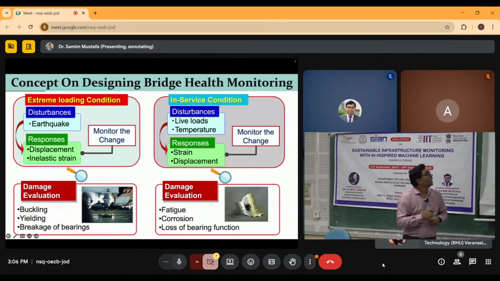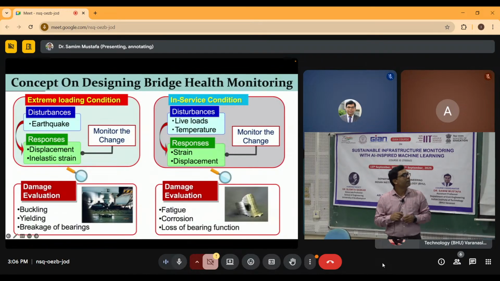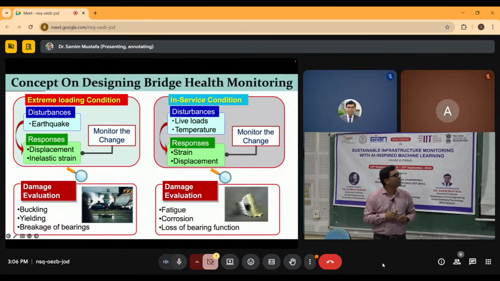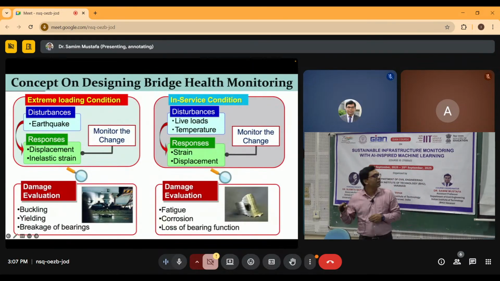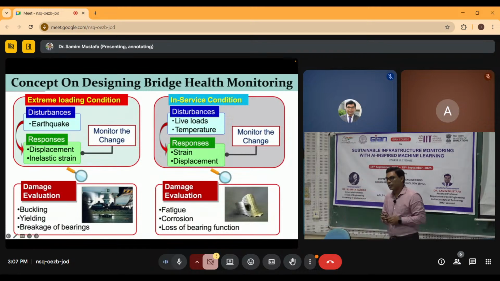So in the extreme loading condition, the main disturbance or factor is the earthquake, and to evaluate the damage due to earthquake, we may measure the response of displacement or inelastic strain. Why inelastic strain? Because during an earthquake the structure will go to the non-linear stage.